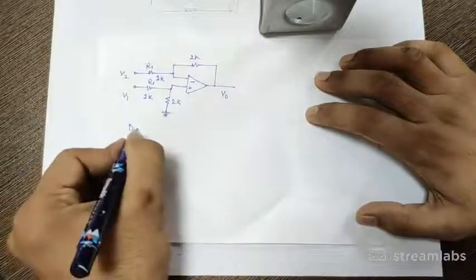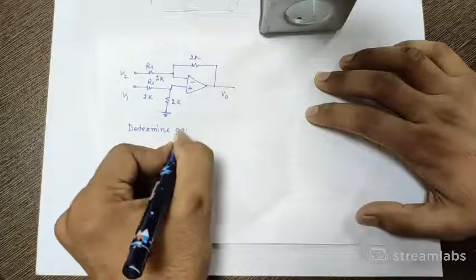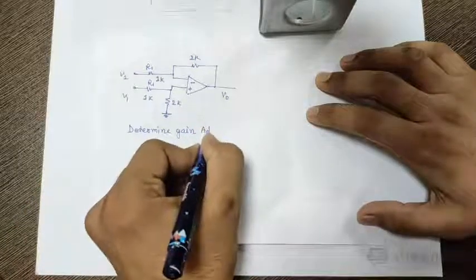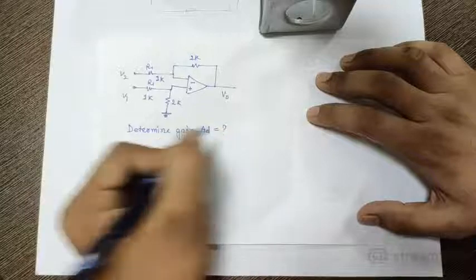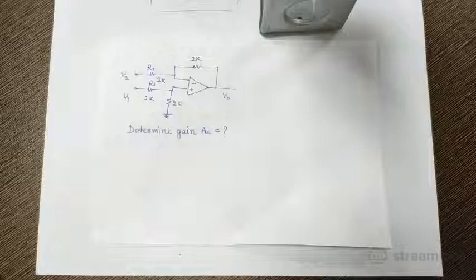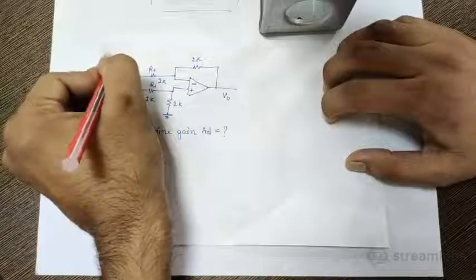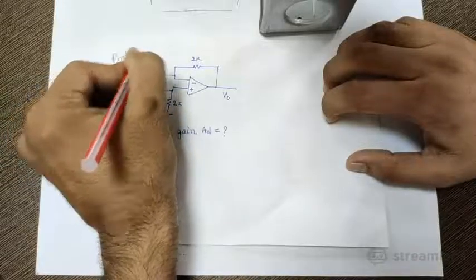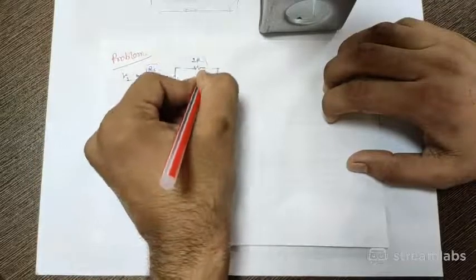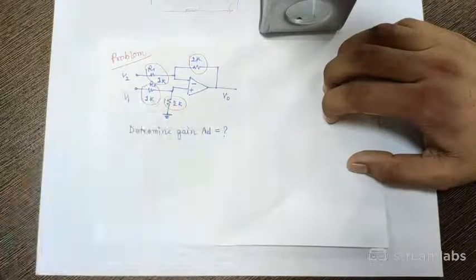Determine the gain AD. This resistance is 1 kilo ohm, this resistance is 2 kilo ohm, this resistance is 1 kilo ohm, and this resistance is 2 kilo ohm.